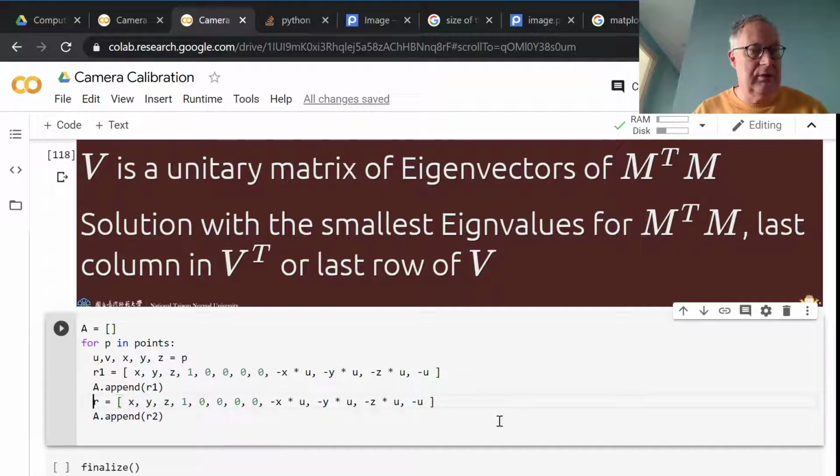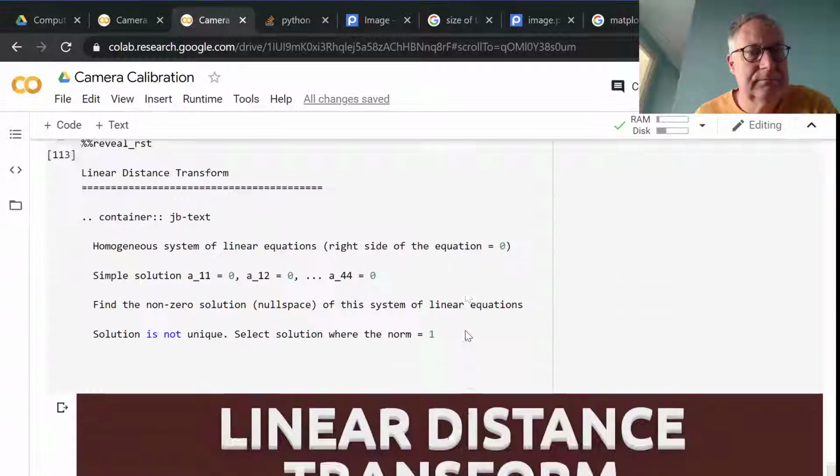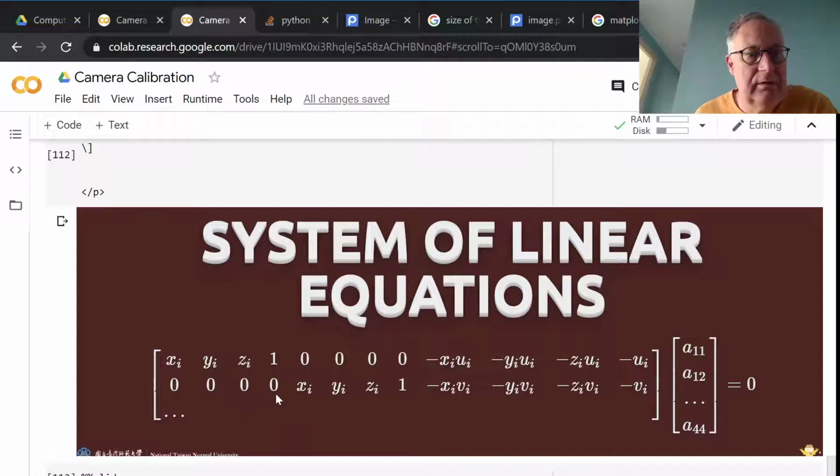just in case we need to print them out later on. The next one will be 0, 0, 0, 0, four zeros, and then X, Y, Z, 1, negative X times V, negative Y times V, negative Z times V, negative V, to match the second equation that we have here.